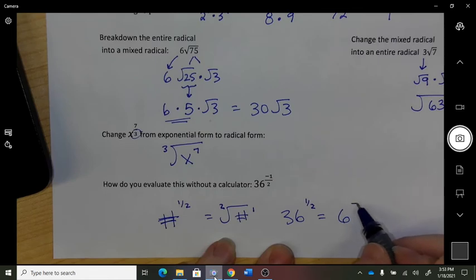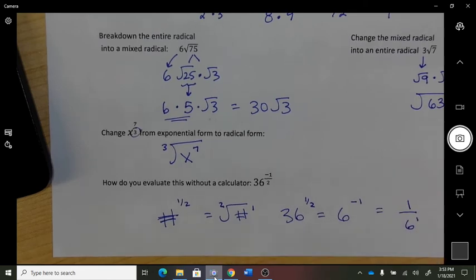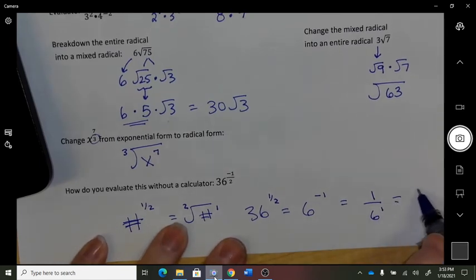Okay, and then what does that negative 1 do? It moves its location, and the exponent becomes positive. And 6 to the 1 is just the number 6.